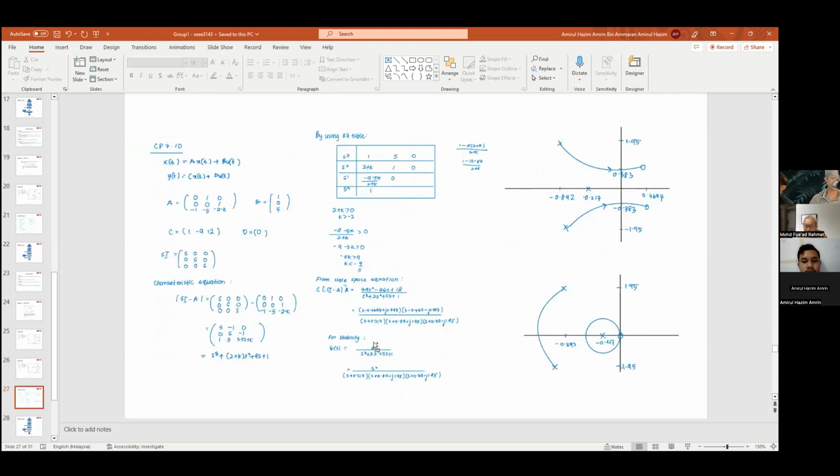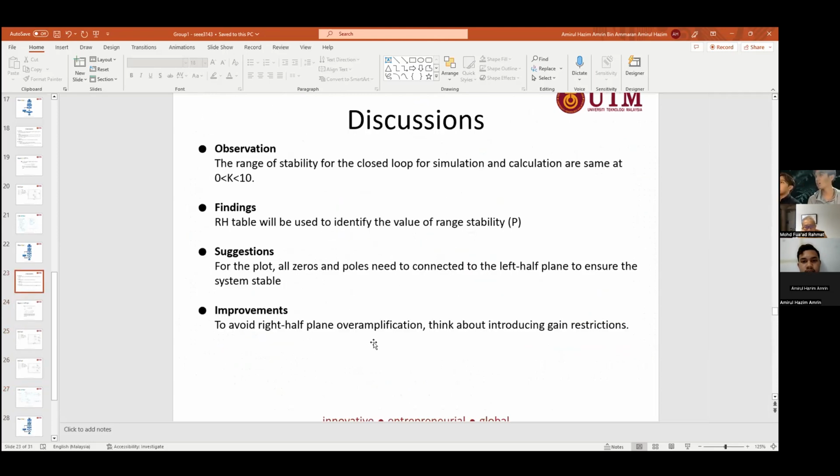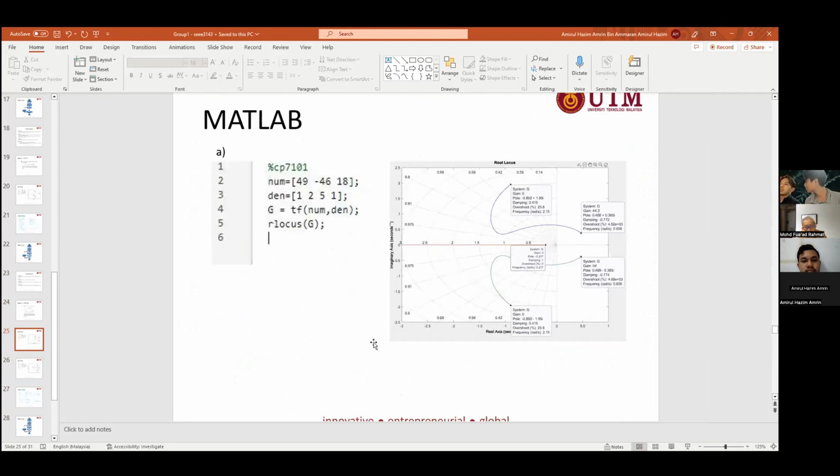Okay, dia asing kan, lepas tu tak nampak. Excel tak ada, Prof. Simulink pun tak ada. Astagfirullah. Itu format lah.